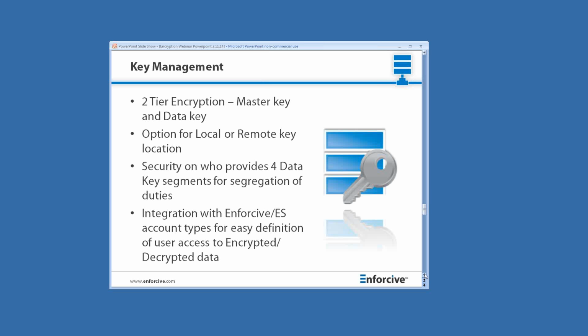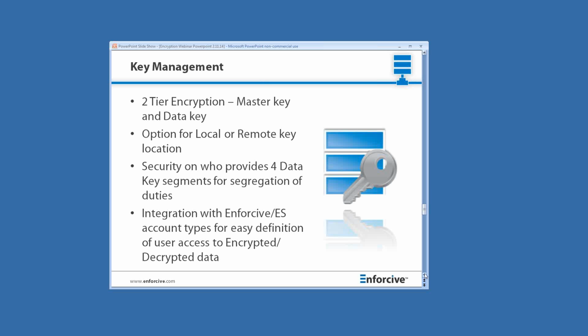So two different locations and the two-tiered approach. The data key is broken up into 4 segments, and you can assign each segment to a different person to create that key. So you really could have 4 separate people putting together that key if you want to go that route. All right.